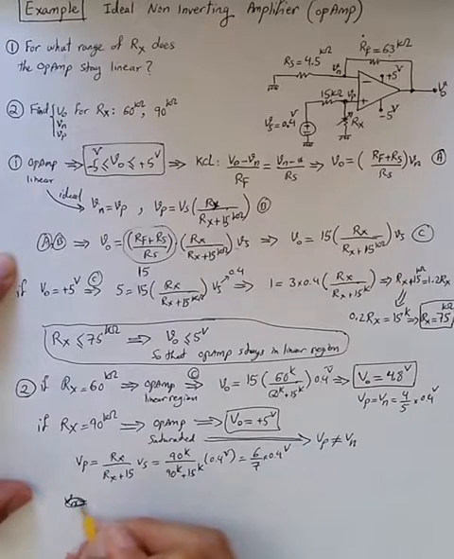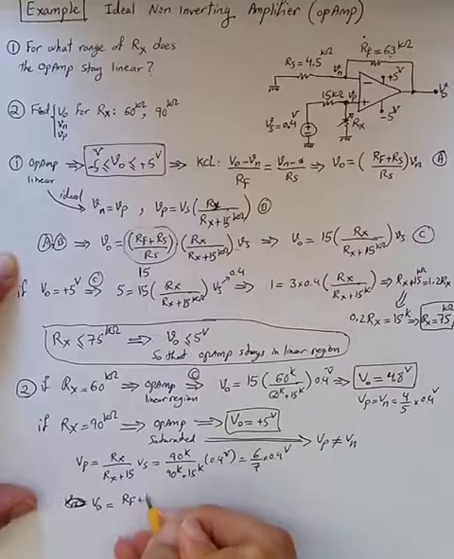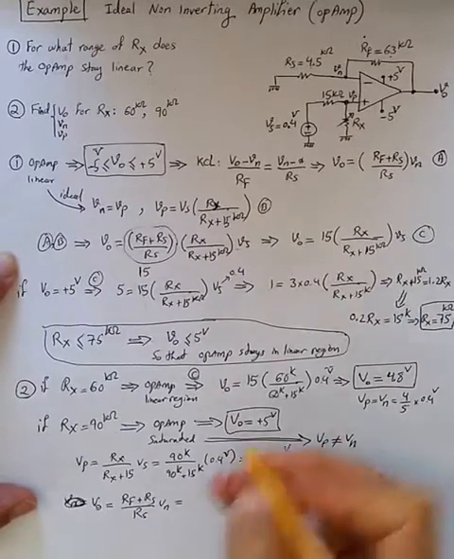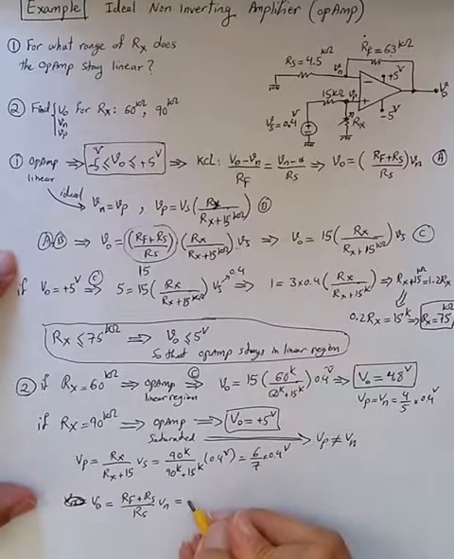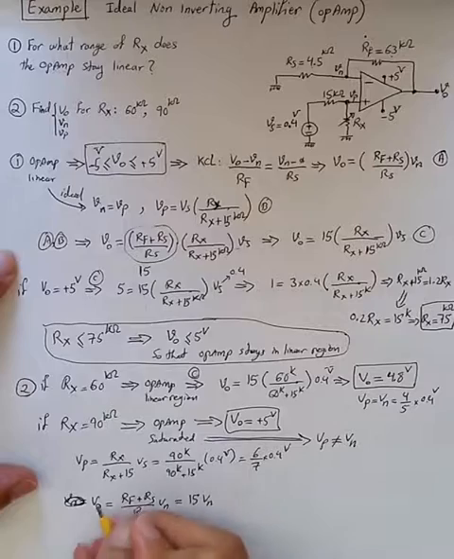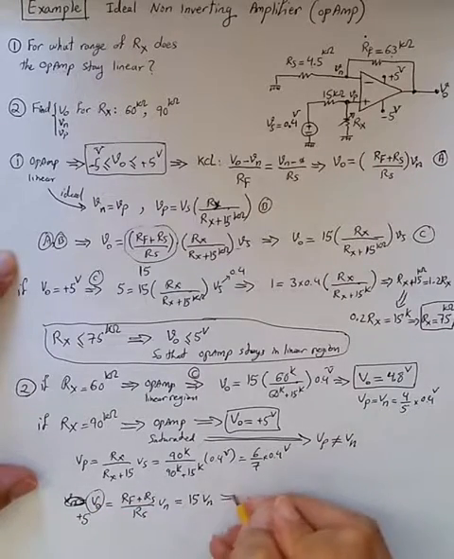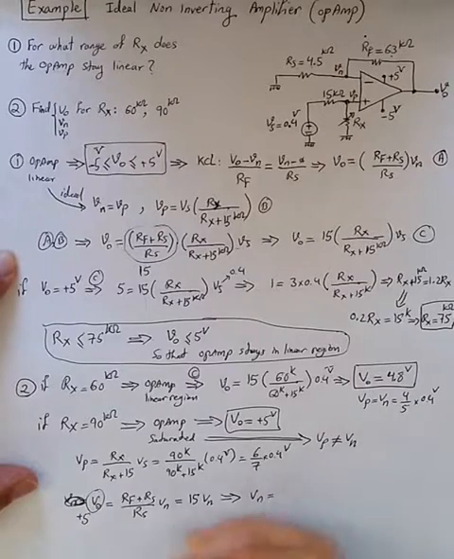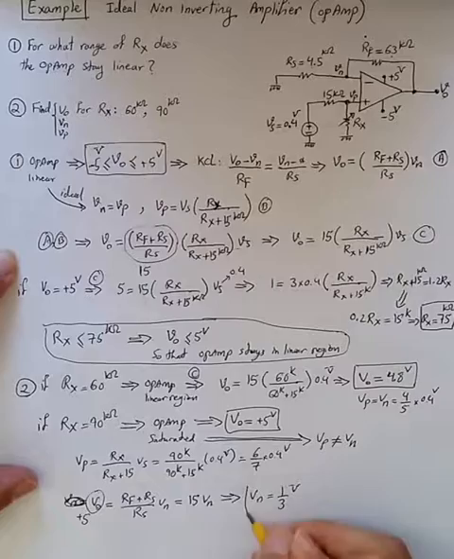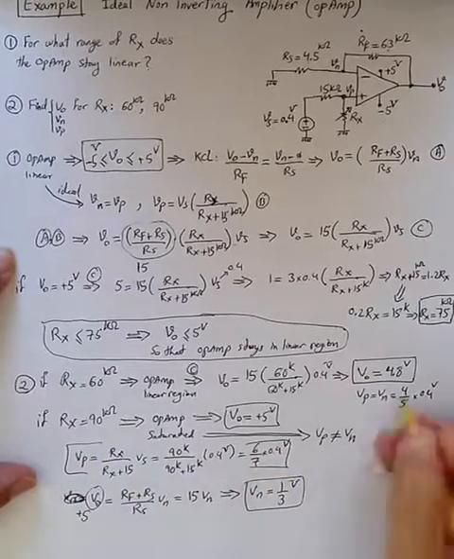So we know Vout is Rf plus Rs over Rs times Vn, which as we computed before is 15 times Vn, but Vout, because the op-amp is saturated in this case, is 5 volt, so Vn is 5 divided by 15, which is 1 over 3 volts. So now you can see the difference between these two scenarios.